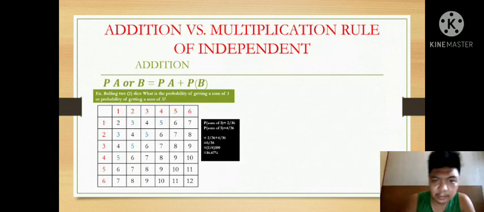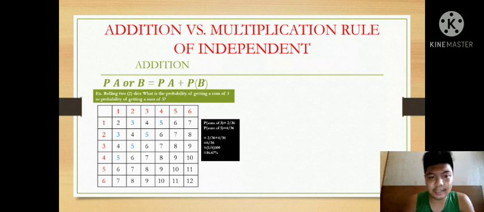Next, addition versus multiplication rule of event. Addition: probability of A or B equals probability A plus probability B. Example, rolling 2 dice, what is the probability of getting the sum of 3 or the sum of 5?